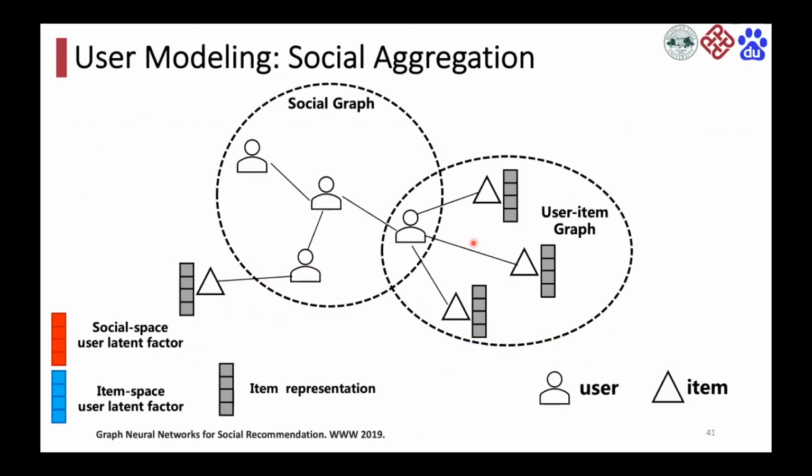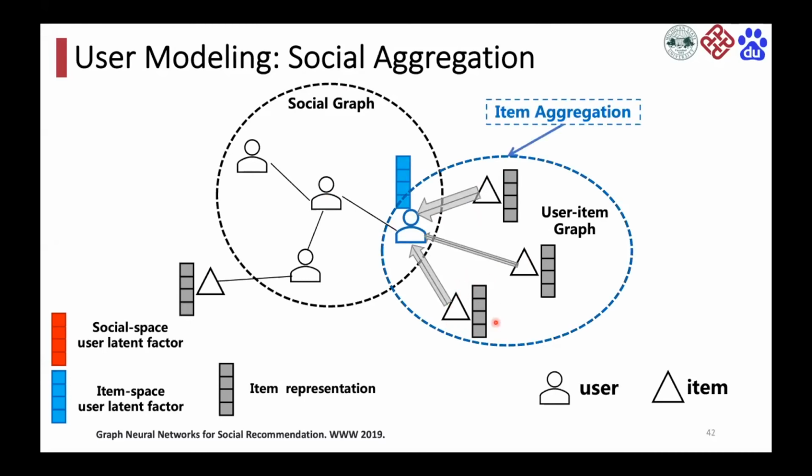Okay, let's move on and take a look at this demo of the social aggregation. In this slide, we have two graphs: the user-item graph, denoting the interactions between users and items, and the user social graph, denoting the connections between users. Here, this rectangle indicates the feature information of a row.